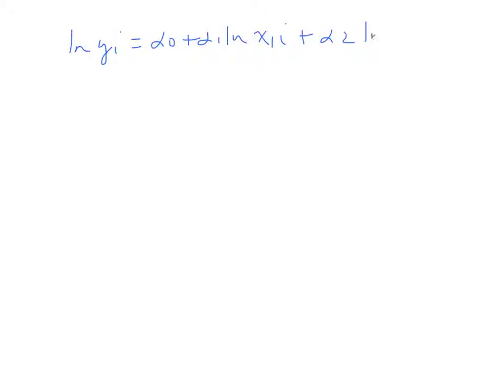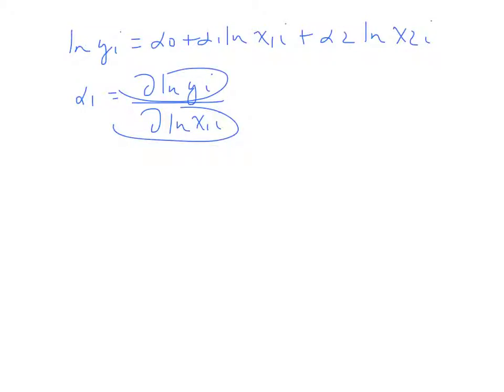There we go. So we can write alpha 1 as the partial of log yi over the partial of log x1i.